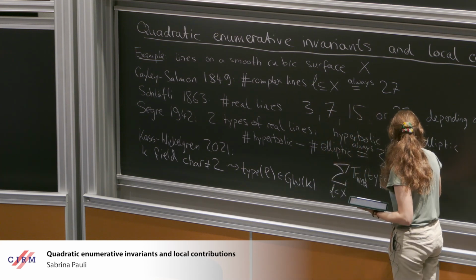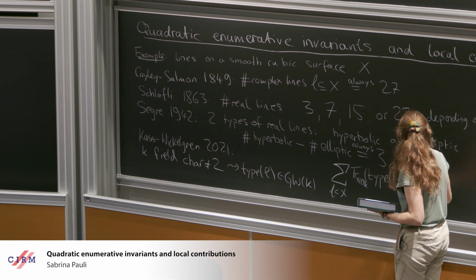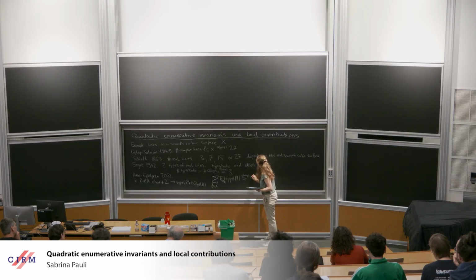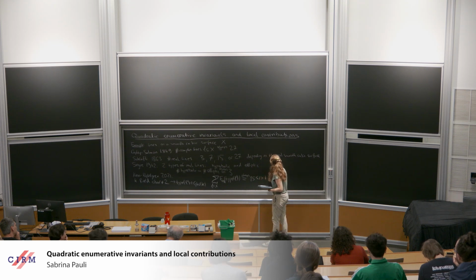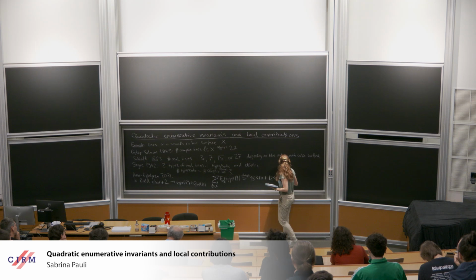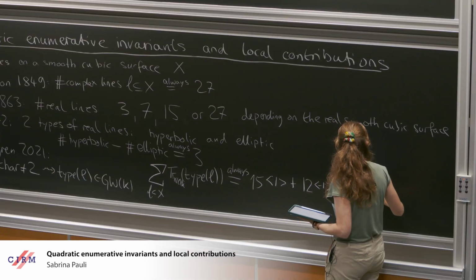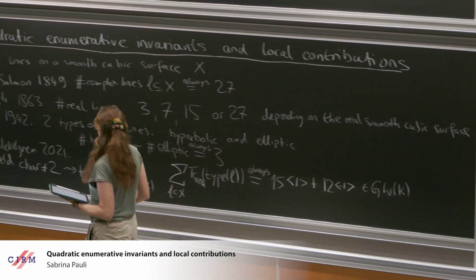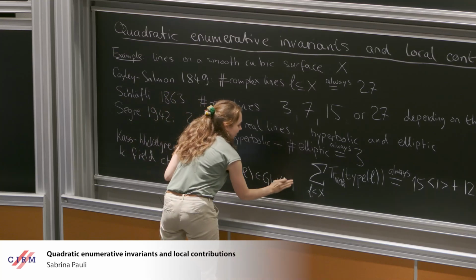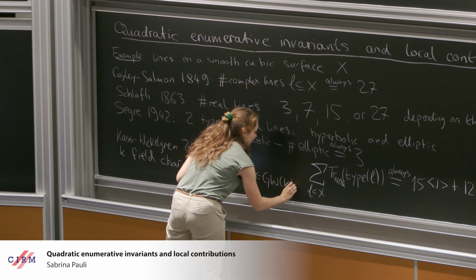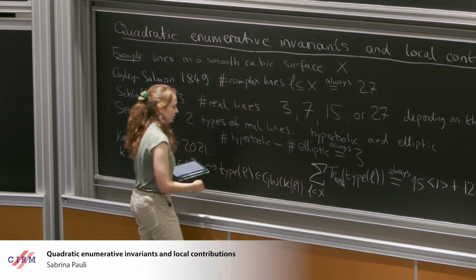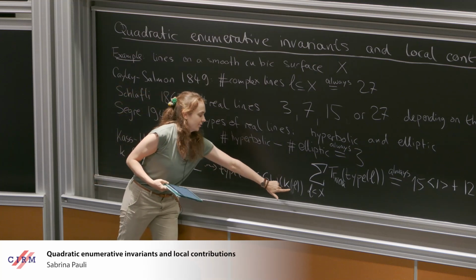And then we can also say the always here, and what they get is 15 times 1 plus 12 times minus 1 in the Grothendieck-Witt ring of K. So maybe I should say this type lives in the Grothendieck-Witt ring of the field of definition of the line.